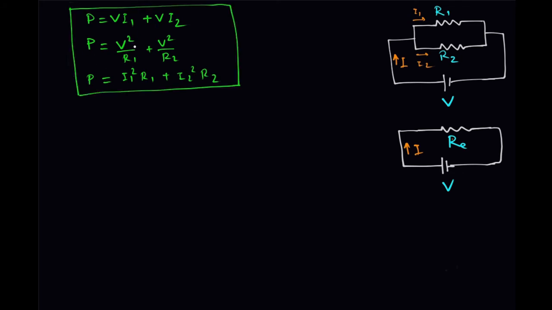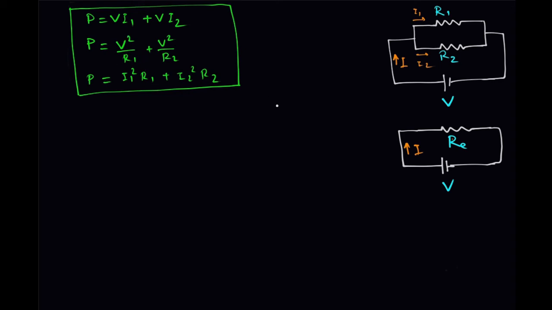Any of these three formulas can be applied for calculating the individual power. For the power consumed in R1, we can use V square divided by R1, or I1 square R1. Similarly, these three are for power consumption in this R2. The sum of these two will give the total power consumption.